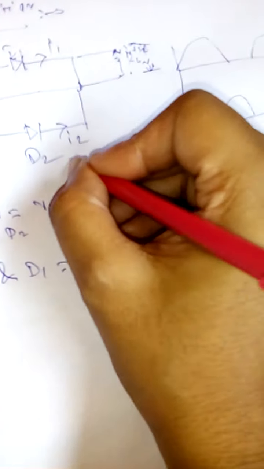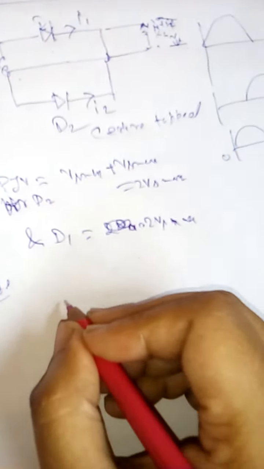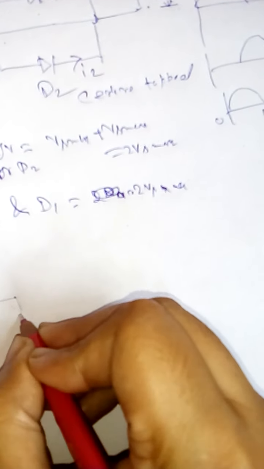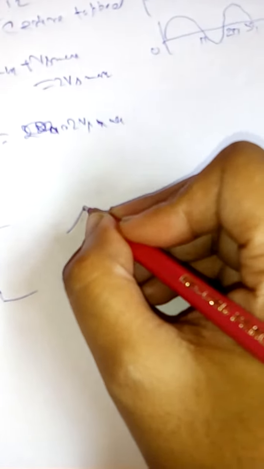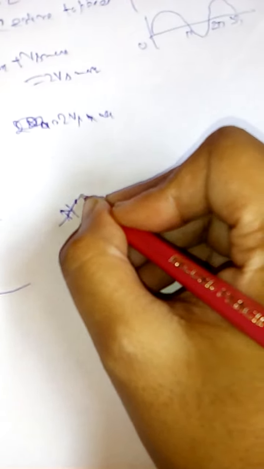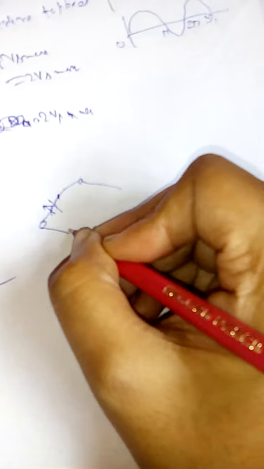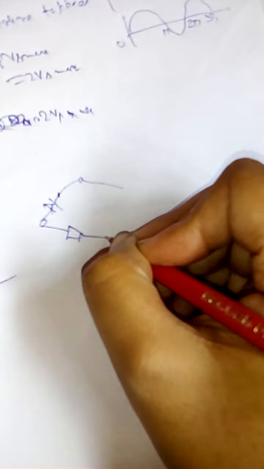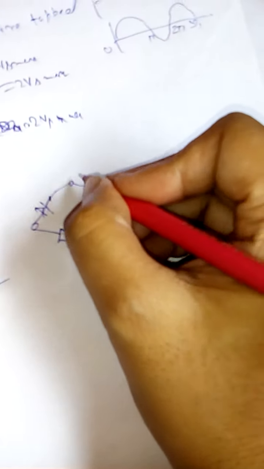Now if we take the bridge wave rectifier, the earlier one was the center tap. For the bridge wave rectifier, this is the circuit diagram. Here is a diode, this is diode, this is another diode.